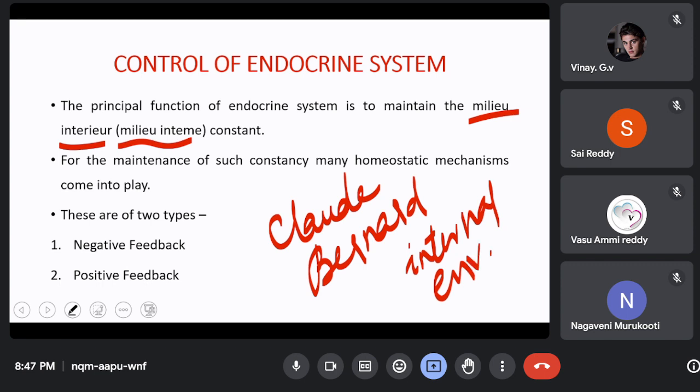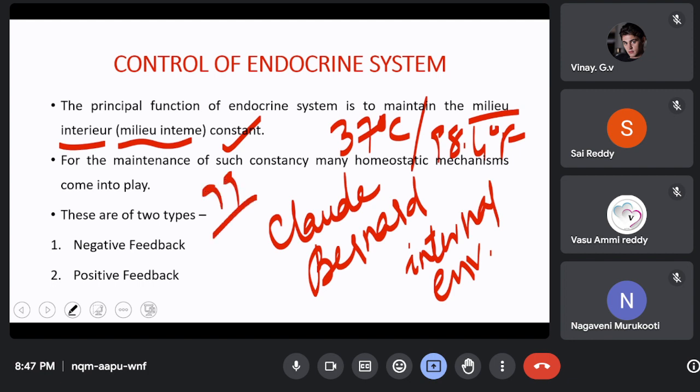According to Claude Bernard, the internal environment of the cell or of the body has to be maintained constant. We know our body temperature is 37 degrees centigrade or 98.4 degrees Fahrenheit. When you get 99 degrees, that means just 0.6 degrees of temperature is increased, and you say that you got fever.